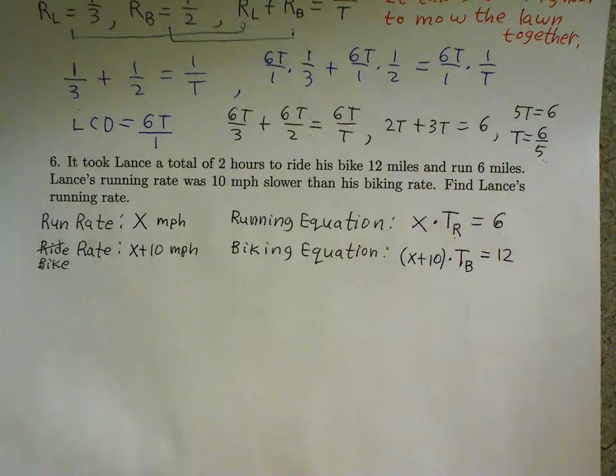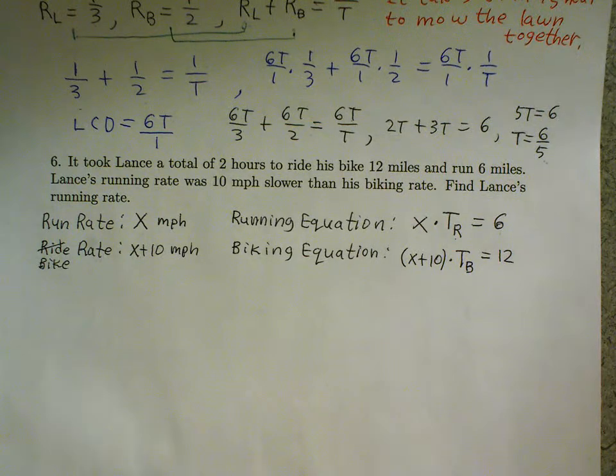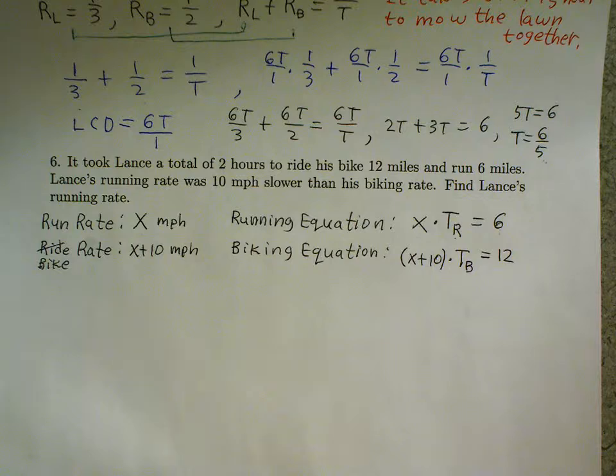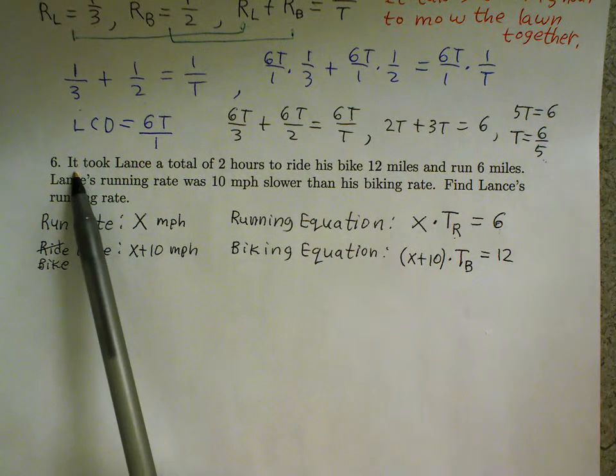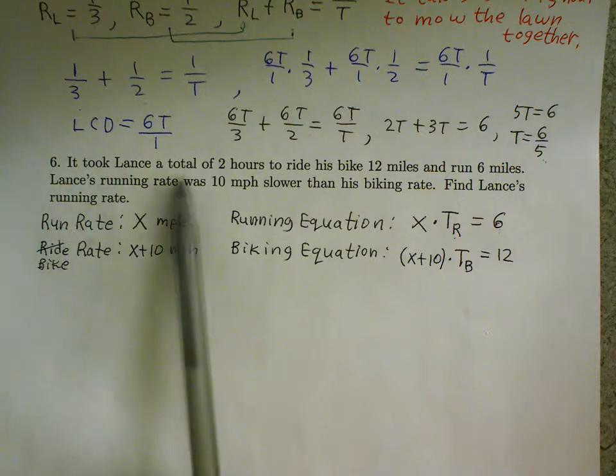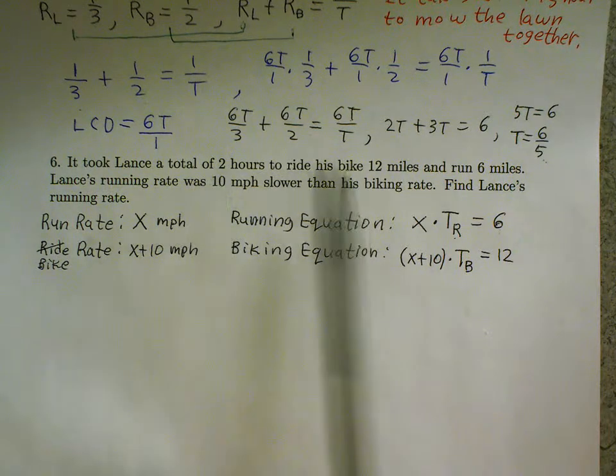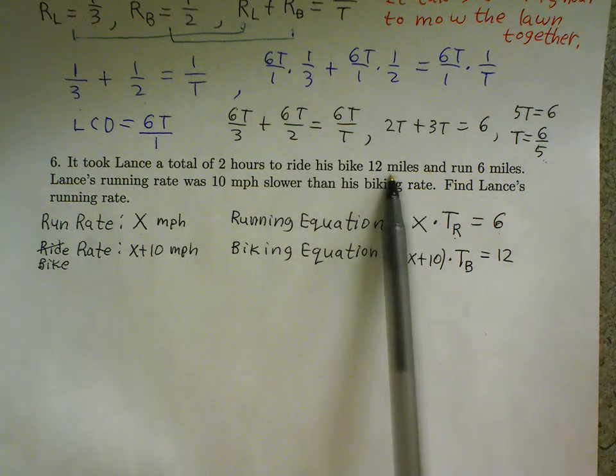Okay, the hint is in the first part of the first sentence. What does it say? Well, let's read the whole sentence. Yeah, the first sentence says it took Lance a total of 2 hours to ride his bike 12 miles and run 6 miles.